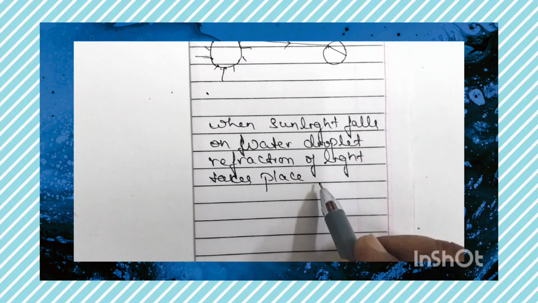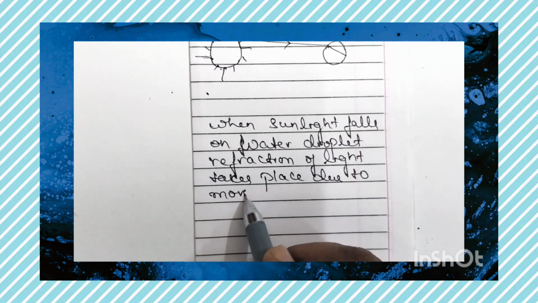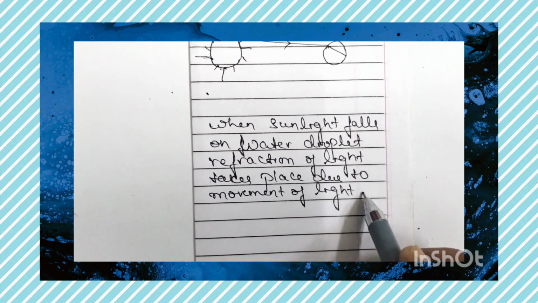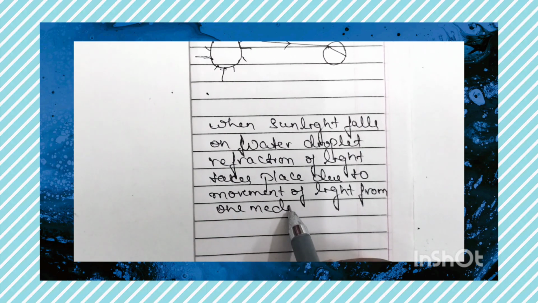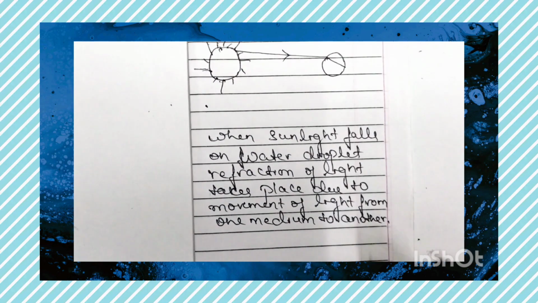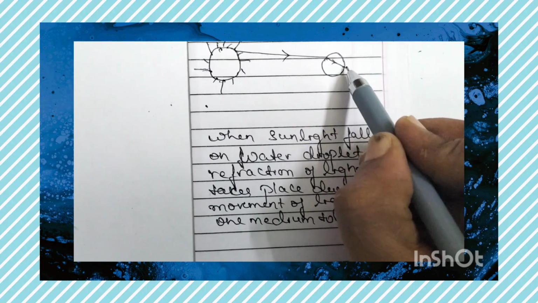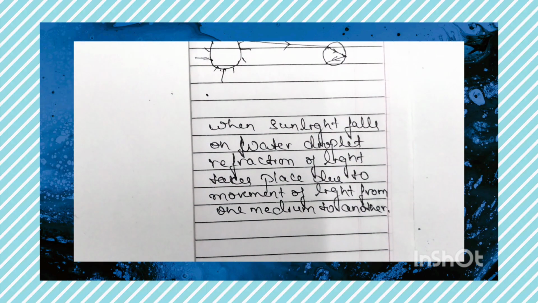Refraction of light takes place due to movement of light from one medium to another. Next what happens? ಈಗ first refraction ಆಯಿತು, then within the water molecule reflection, that is the light will get bounce back, and this is called internal reflection.